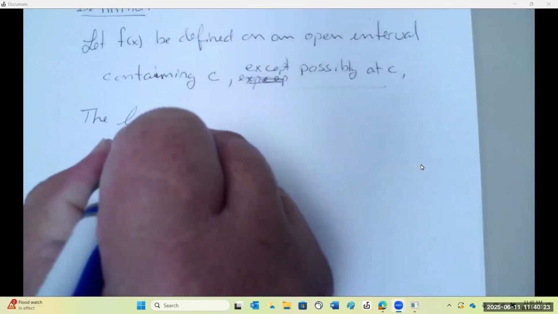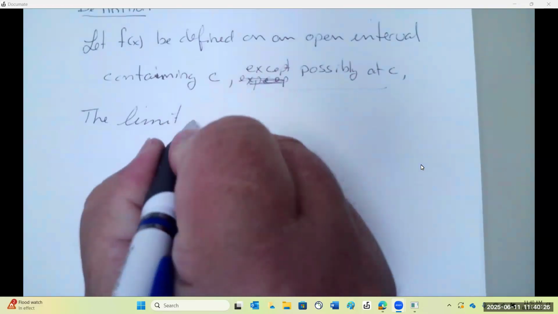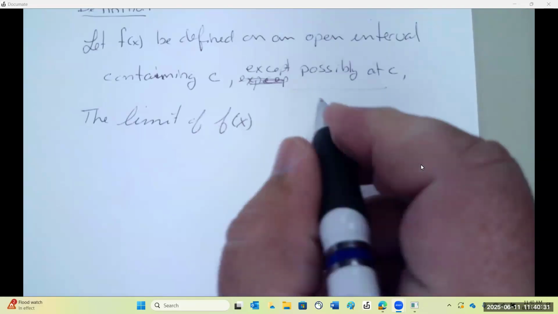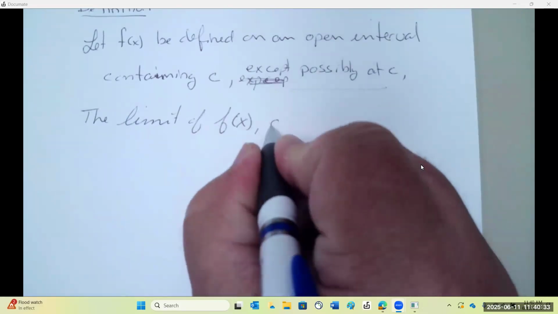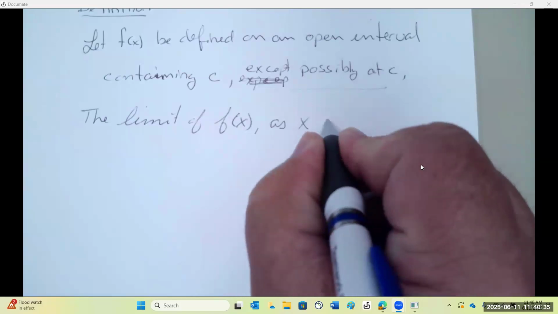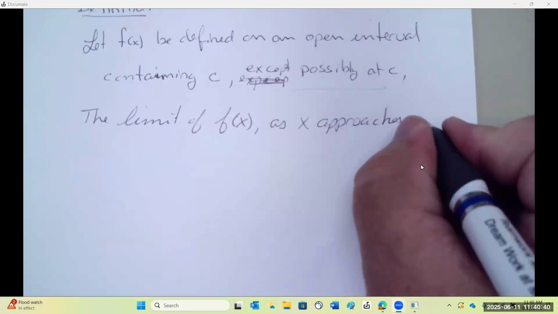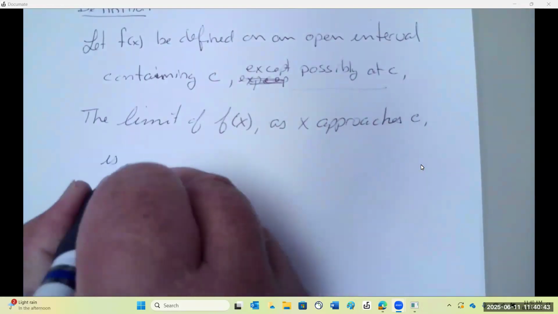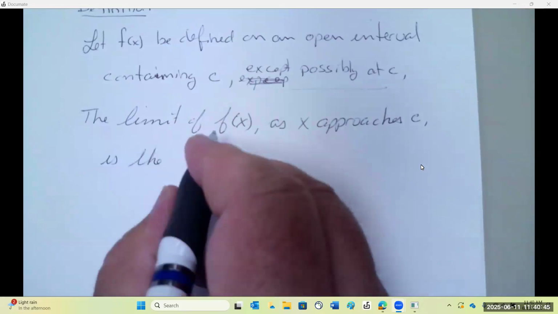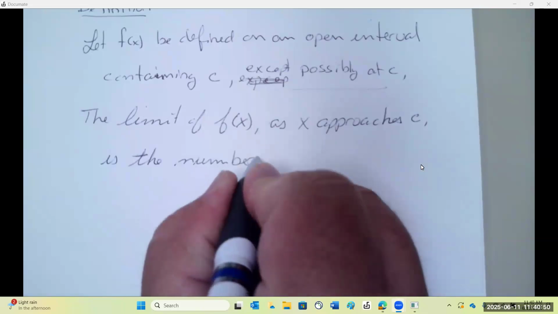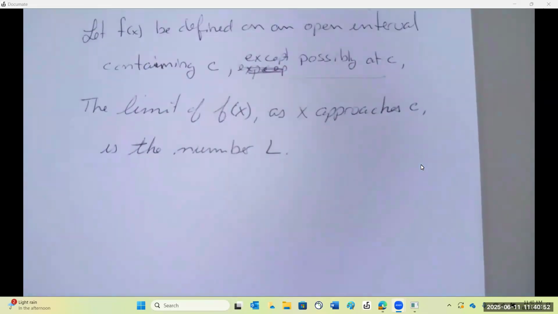The limit of our function f of x as x approaches c is the number L. That's a lot of writing, which now we'll summarize.